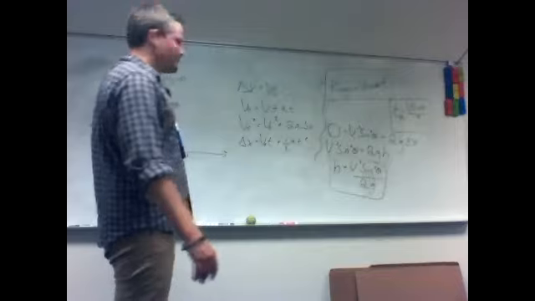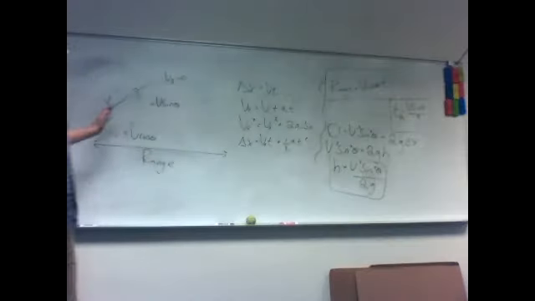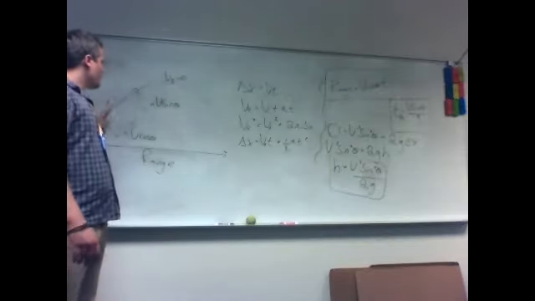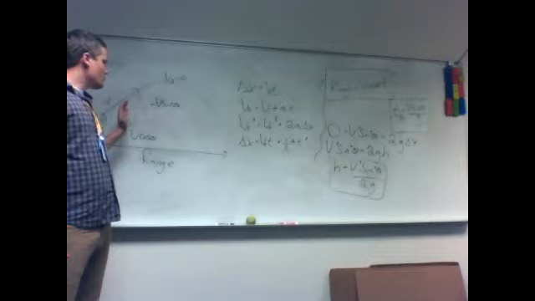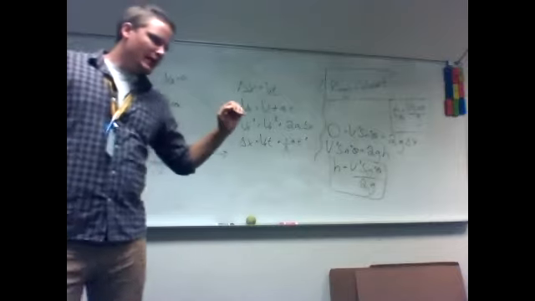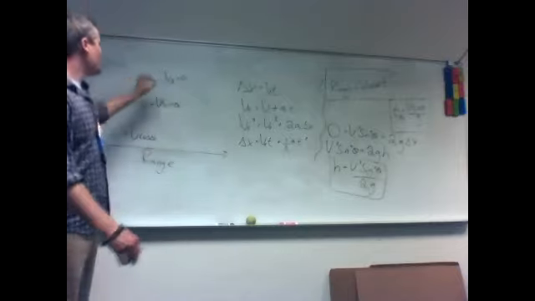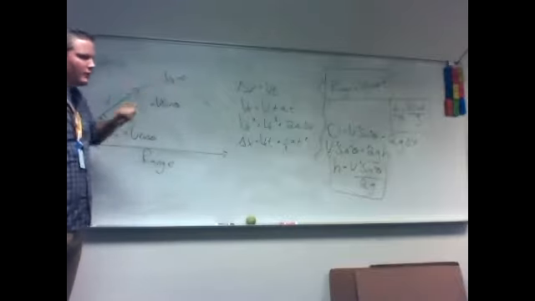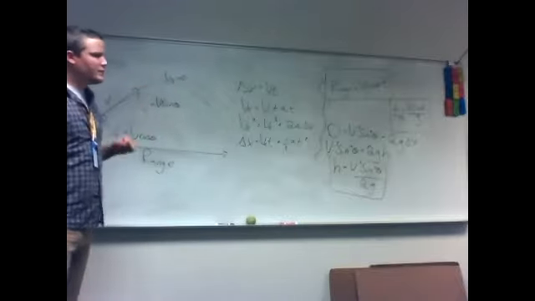Another way to think about this is that if we have some curve right here, and we take the derivative of this curve, and we set that derivative equal to 0, that's going to represent this point right here at the very top, right? The derivative right here is equal to 0.